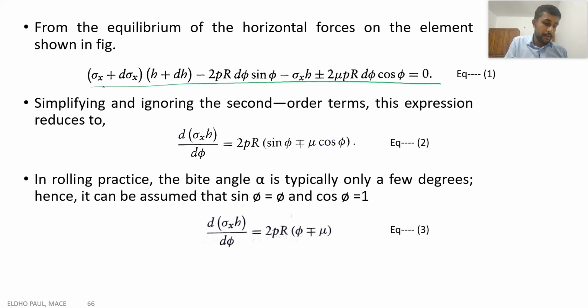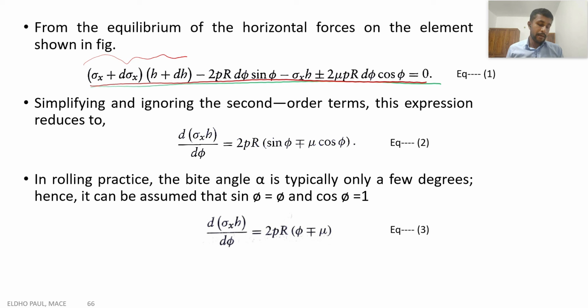So this is the corresponding equation: the equilibrium of all forces in the horizontal direction is equal to 0. Here we have different second order terms. When we multiply these two terms, we get d sigma x into dh, and d sigma x and dh are very negligible quantities.